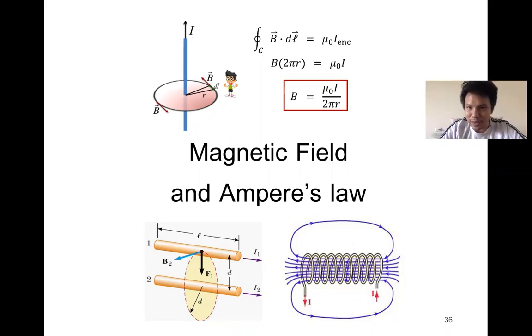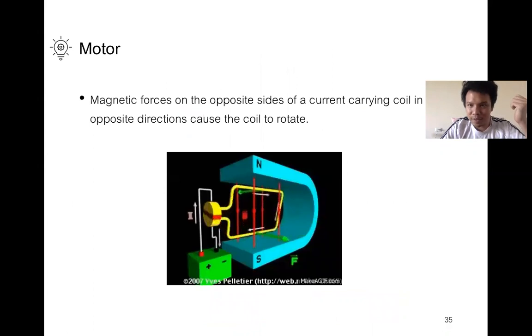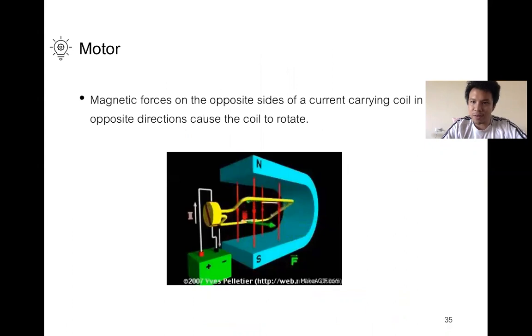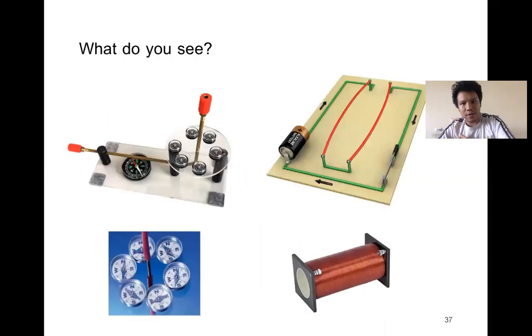So let's speak clearly again. In the first part, we considered that we already have a magnetic field, and it can generate force on the current or on the moving charge. But in this part, the current itself can create a magnetic field. Let's see how it goes.